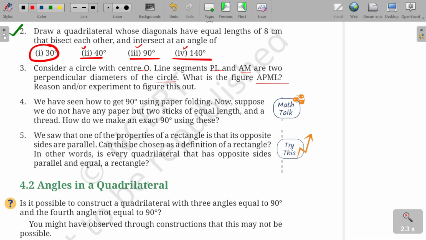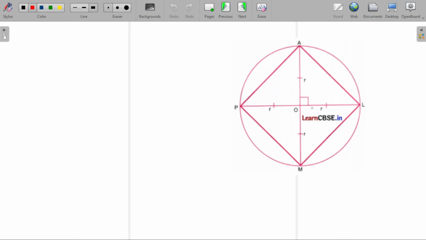So in this question, a circle with center O where AM and PL are the two perpendicular diameters. You need to find out APML. What is this figure? And you need to state the reason also.